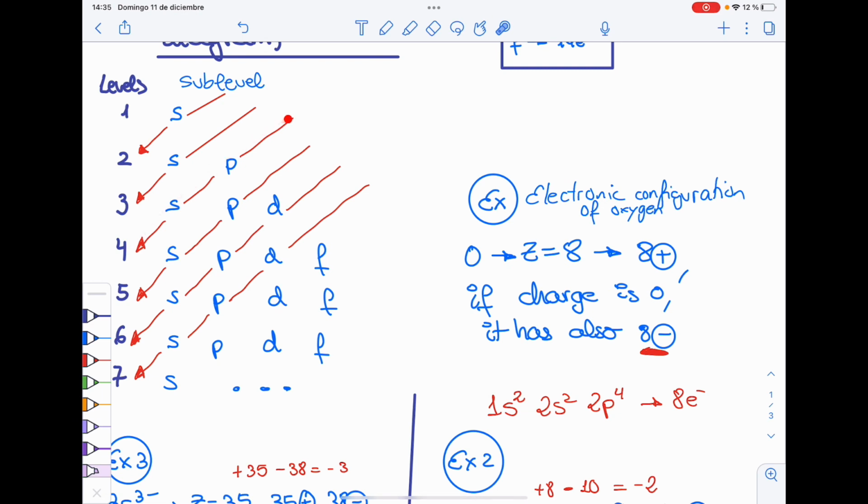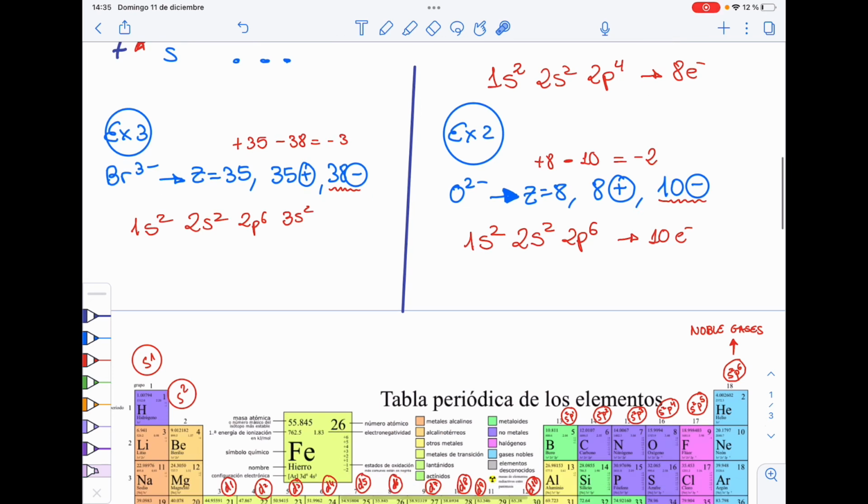I completed this line, so now I have to go to the next one, and I find this letter P, and it is on level 3, so 3p6. Okay, and so far we put 2, 4 electrons, 10 electrons, 12, and 18, but I need to put 38, so I have to continue.